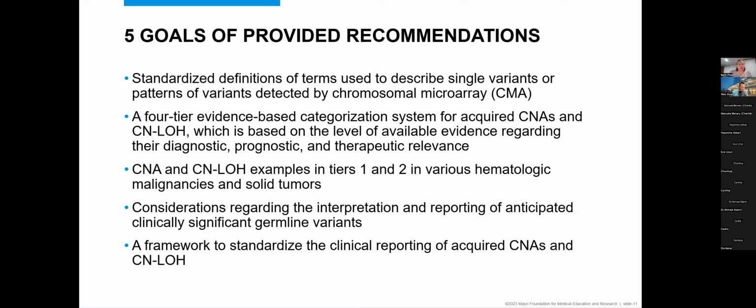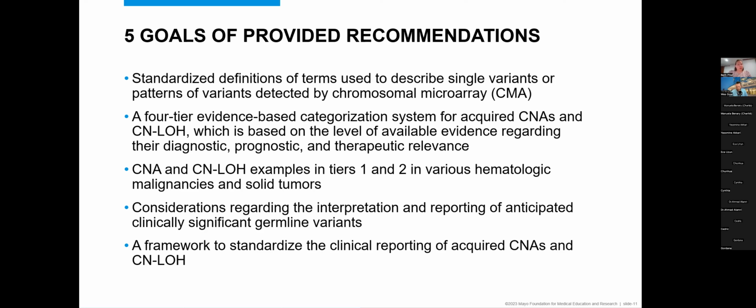Also in this paper, they provide a 4-tier evidence-based categorization system for acquired copy number aberrations and copy neutral LOH. And this is somewhat similar to the AMP ASCO-CAP guidelines infrastructure or tier system. Even down to the color scheme in the figure, which you'll see in a little bit, is intuitive if you're used to working within that AMP ASCO-CAP structure.